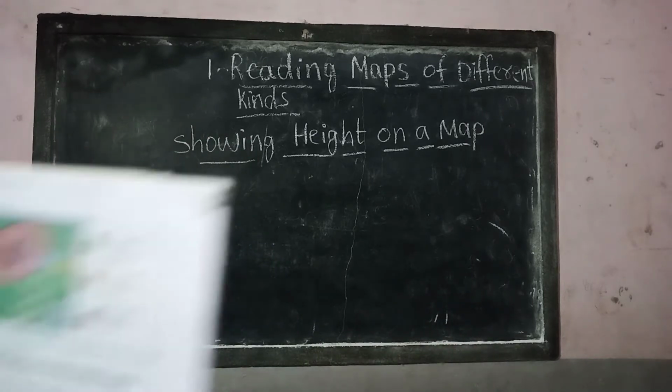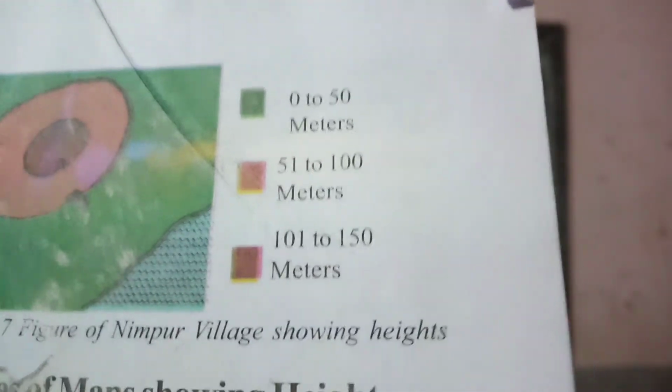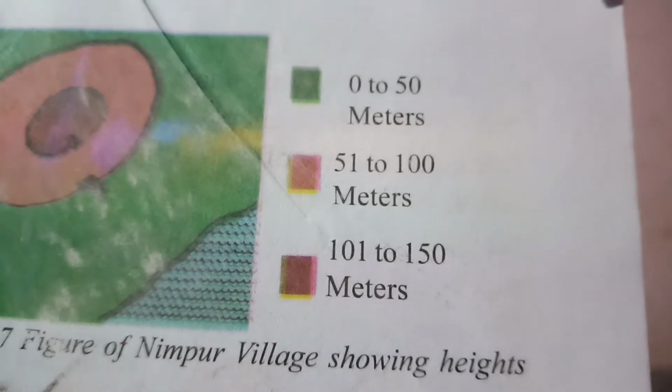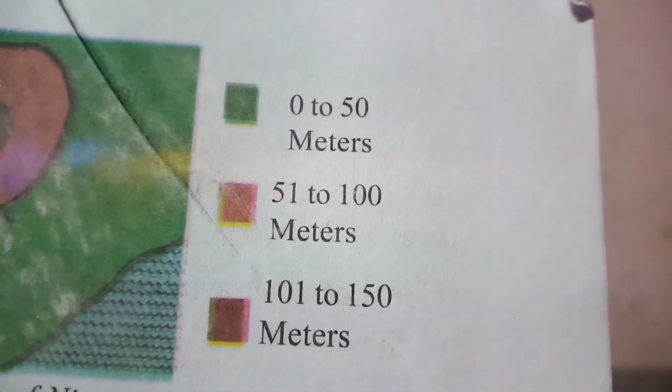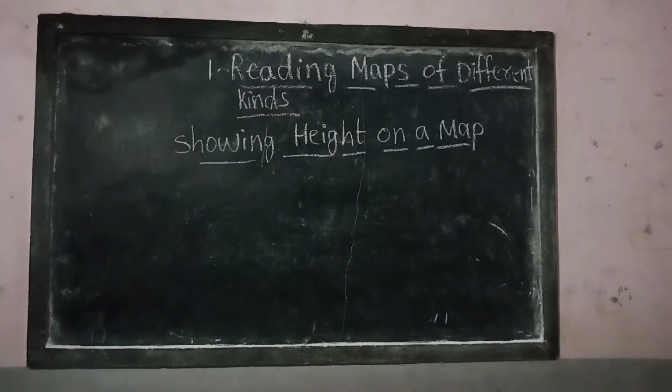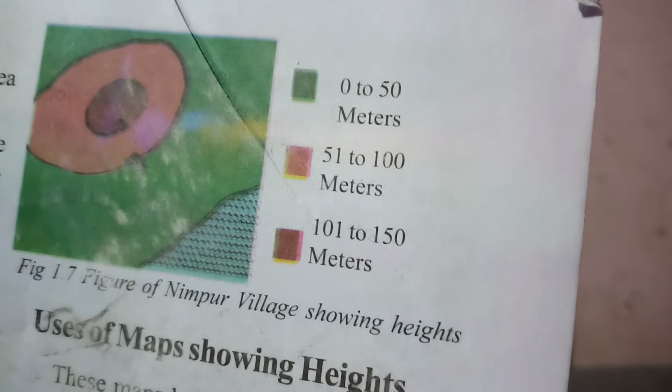You can see in the first picture here, showing height on a map. If you see the sea level, 0 to 50 meters, you have to compare both images, the previous video's image and this one. 0 to 50 meters is shown in a green color, so you can see the land part clearly. It's the Nimpur village showing height.